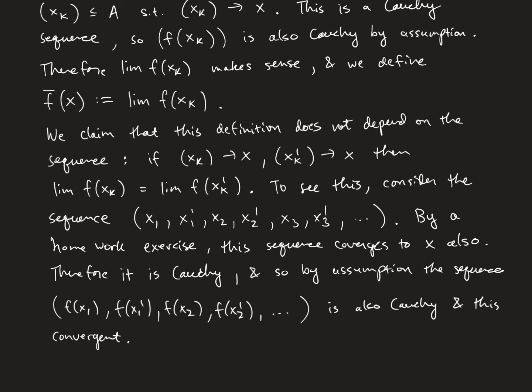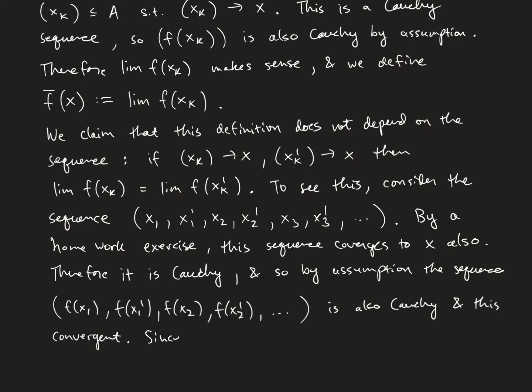But what we're trying to do is show that the f of x's and the f of x primes have the same limit. But now these sequences are subsequences of a convergent sequence. So they both have to converge to the same thing.